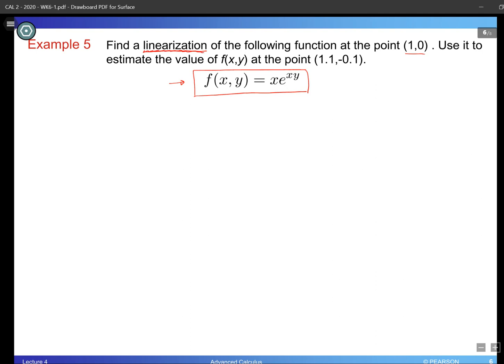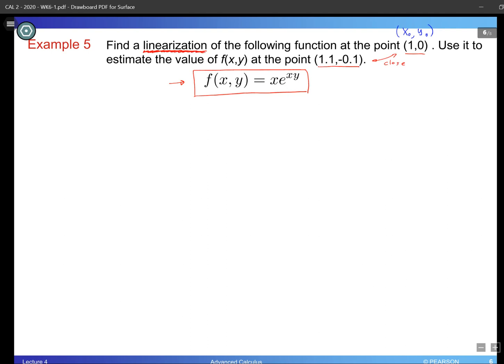So what you are looking at right here is a reference point, x0 and y0. And after we find the linearization, we are supposed to use that to estimate the function value at this point, (1.1, minus 0.1). As you can see, this point is quite close to that reference point. So our job is to find this approximation.